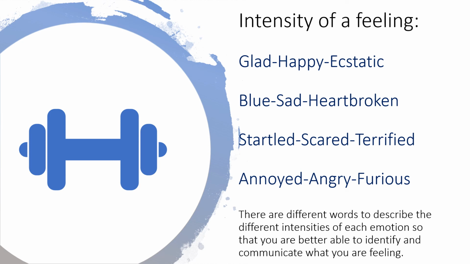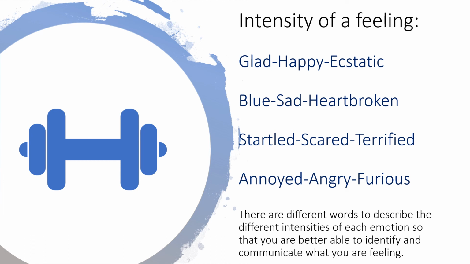So, for example, glad, happy, ecstatic, those are all different levels of the same feeling for being glad or being happy. So which word means the most happy? The last one, ecstatic, right? Good. So glad, happy, and ecstatic describe different intensities of happiness.